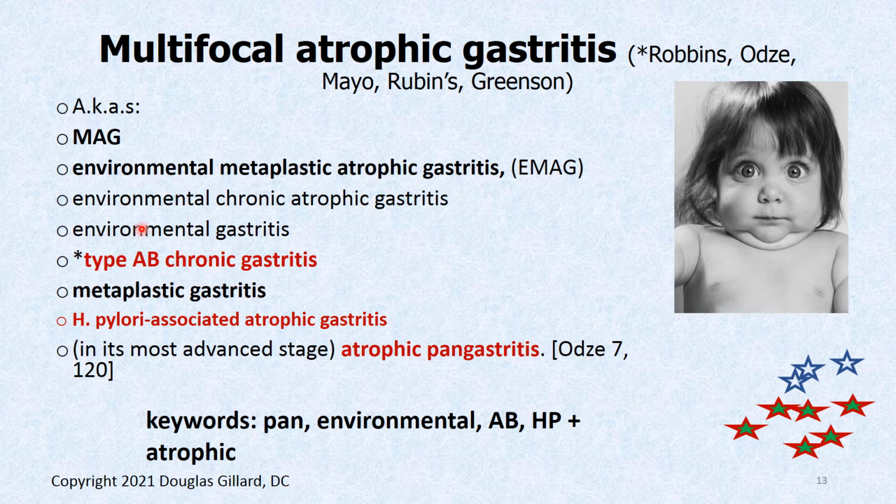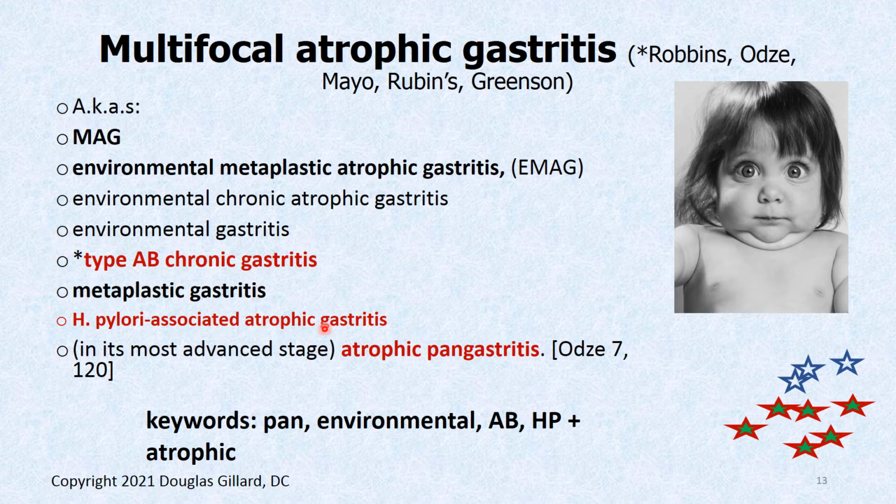But environmental is possibly some environmental factor that might be driving this disease that we don't know, something floating around in the air. It's not type A, it's not type B, but type AB chronic gastritis is another AKA that's fairly commonly used. Metaplastic gastritis, because this one causes cancer.